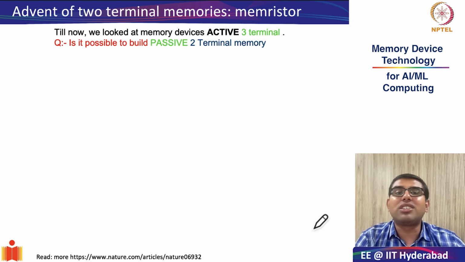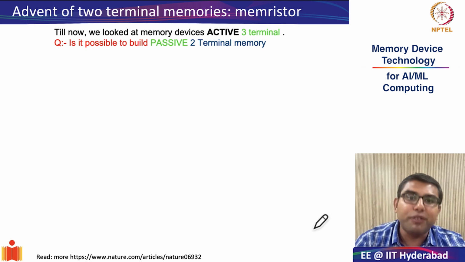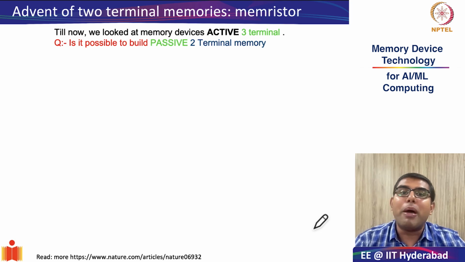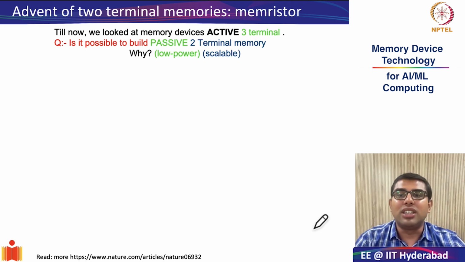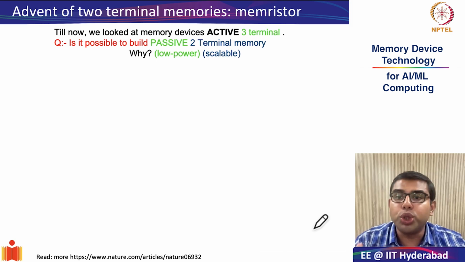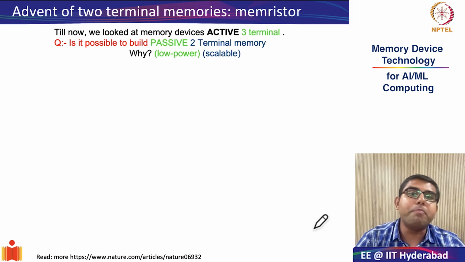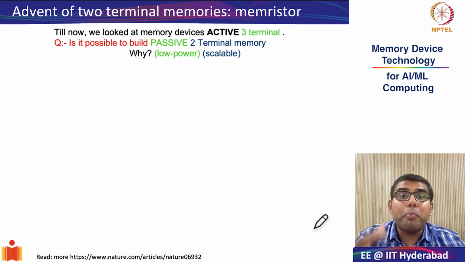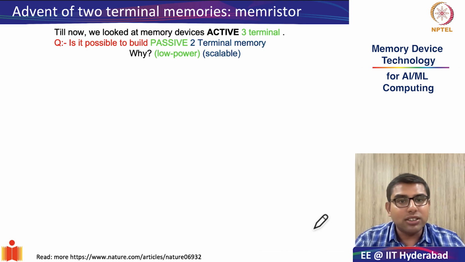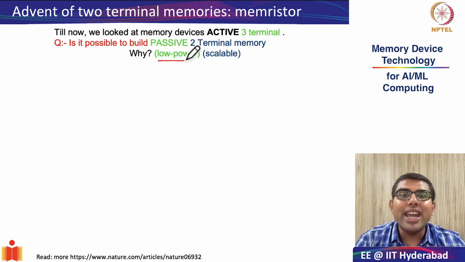So the question people started to ask is: is it possible to build a passive two-terminal memory or storage device? The first answer came from Leon Chua. Before that, we will again revise why it is very important to build two-terminal passive memory devices, because it will have two main advantages.